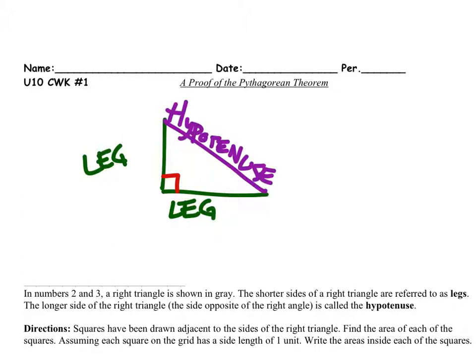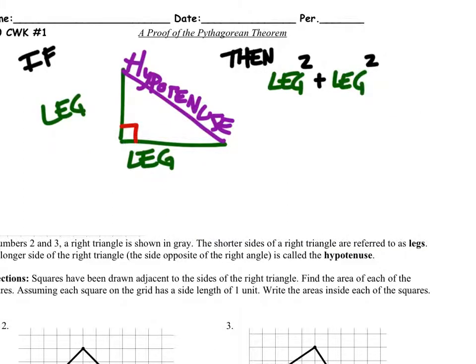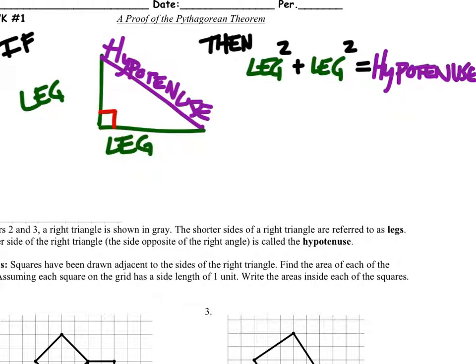All right, here's the nice thing about the way this works. If you have a right triangle, because the Pythagorean theorem is really an if-then statement, then, and this will be important later, if I took this leg and this other leg, and I squared these and then added them, the sum of the squares of the legs would give me the hypotenuse squared as well.